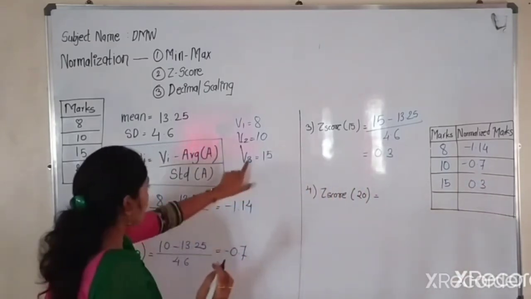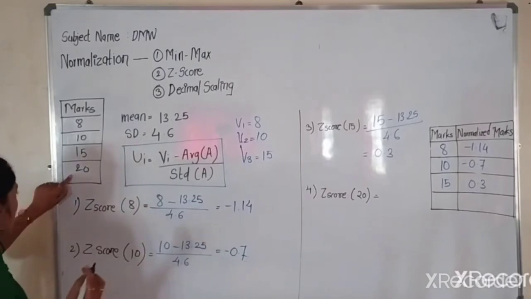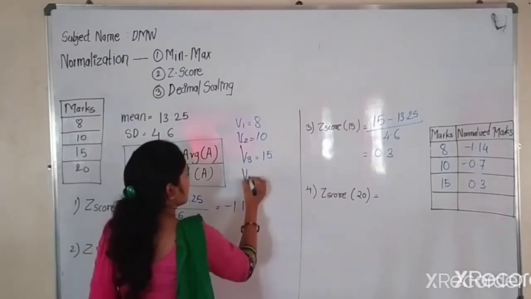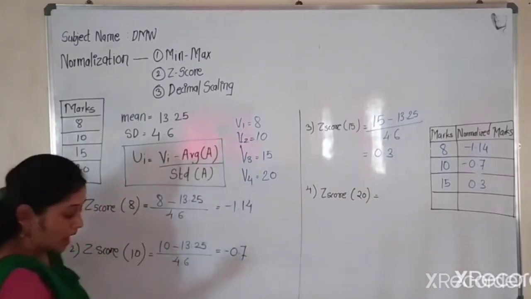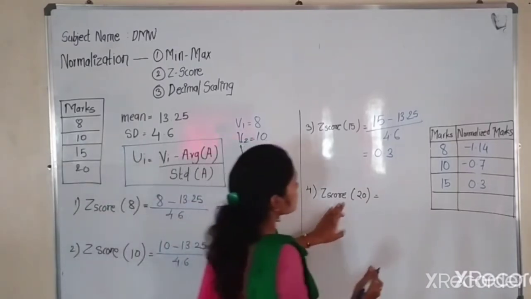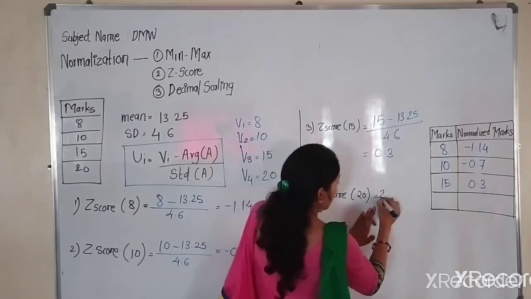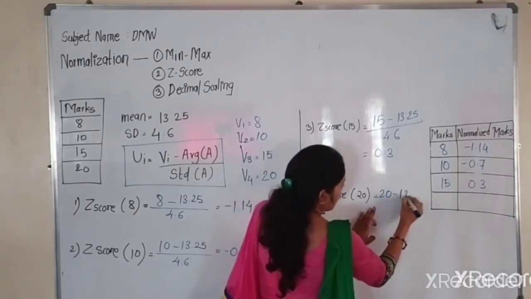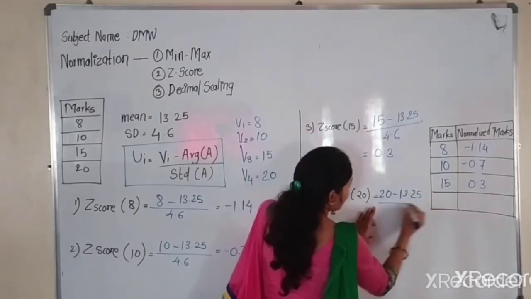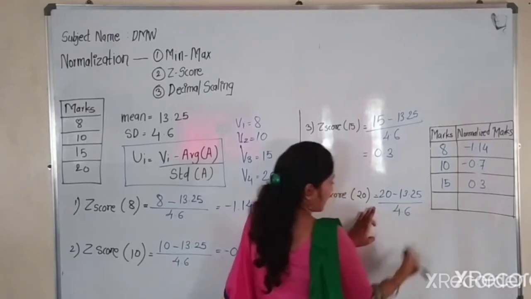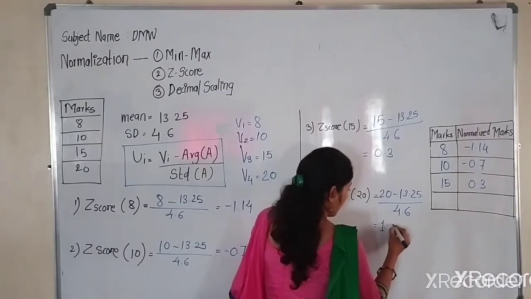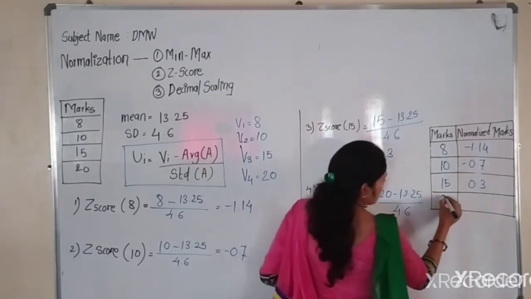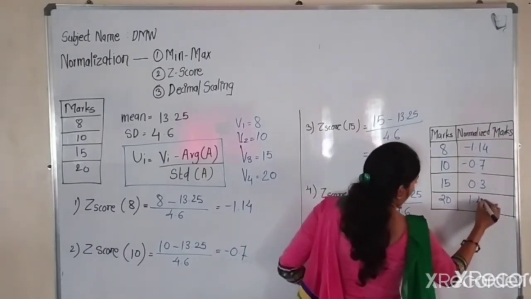Then the next value is 20. So my V4 is 20. This fourth, that is the last value, we are calculating here. So Z-score of 20 is nothing but 20 minus the mean 13.25, divided by the standard deviation 4.6, which is going to give 1.4. So this 20 can be represented as 1.4.